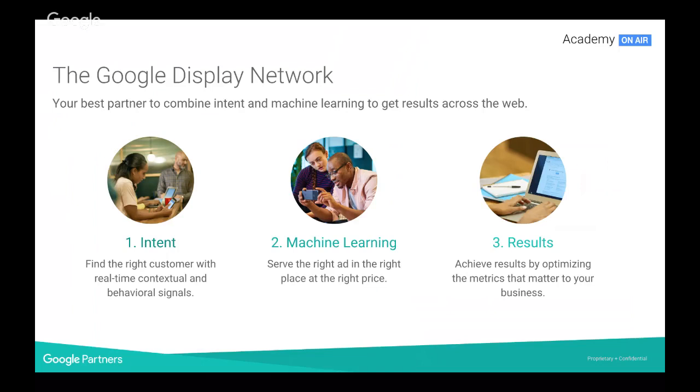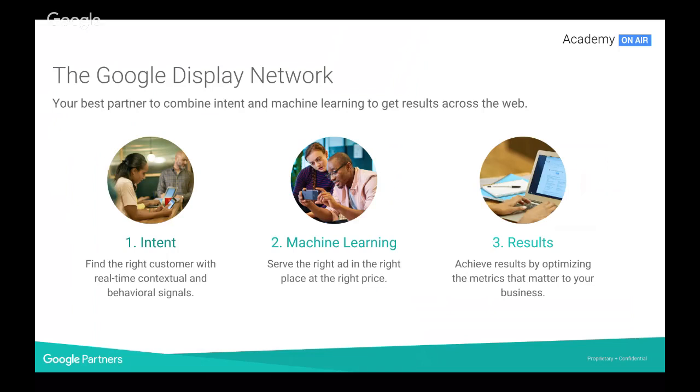So if you think about it, this is where we spend the majority of our time, because only about 4 minutes a day are spent by any given user actively searching, and for the remaining time of the day, we spend about 12 hours on the internet, watching videos, reading emails, reading things on the display network, reading websites, and so on and so forth.